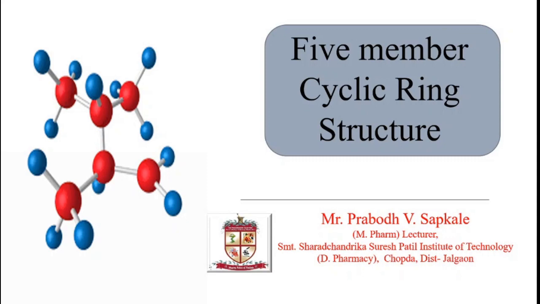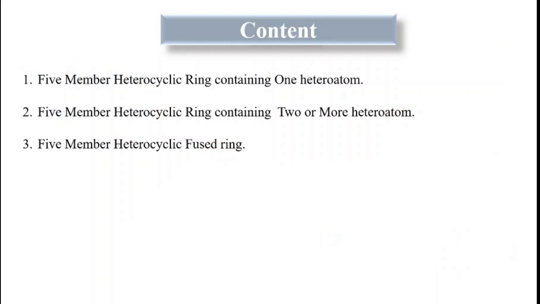Now, in this video, we learn about a 5-member cyclic ring structure. So, this is the content of our today's video. In that, 5-member heterocyclic ring containing one heteroatom.